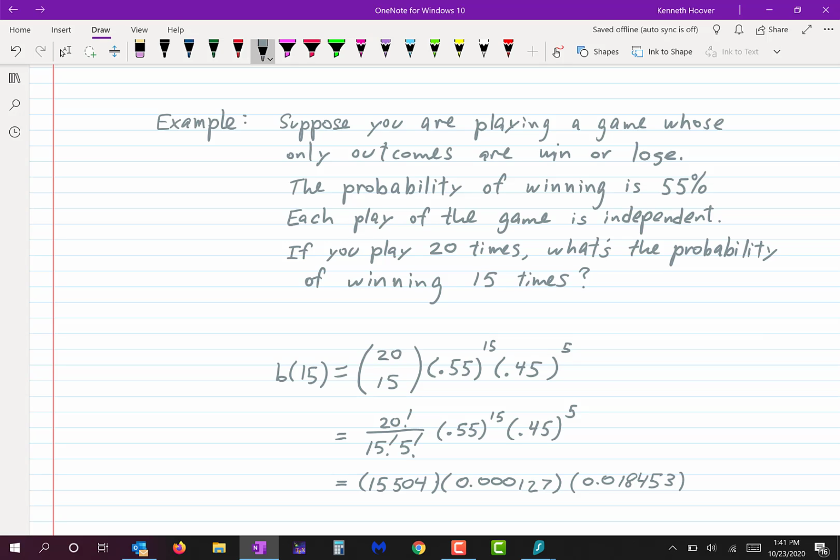It's not going to be the exact answer because I rounded the decimals off. So in reality, I should probably put here approximately equal to. Okay, and I will also round off my answer to, let's do it this time, 5 decimal places.